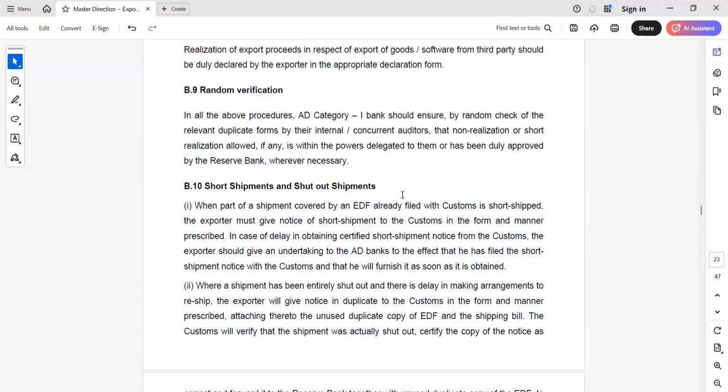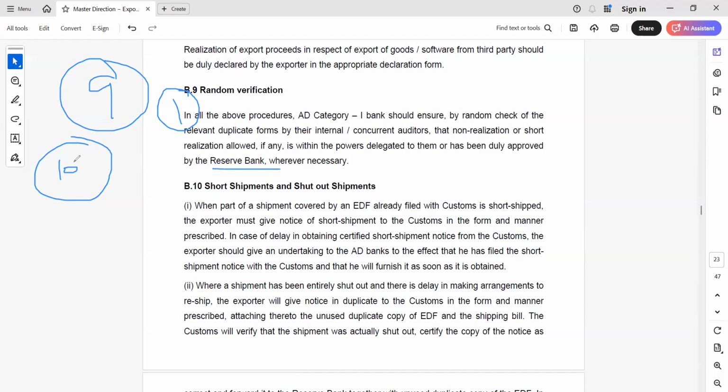So banks have to do this verification because suppose somebody has done a shipment of $10,000, but he is receiving the payment of $9,000 and he is simply saying that goods were damaged for $1,000. So we never know whether that is correct or not, but we have to see whether RBI is permitting that 10% of the shipment amount.